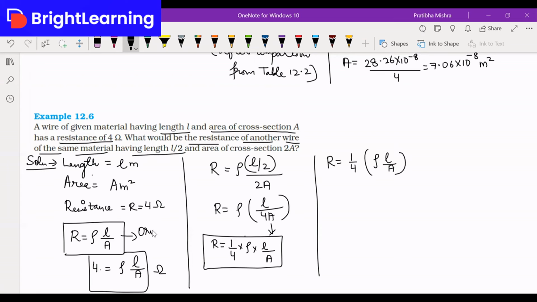Okay, original formula here. So what is happening here? It is becoming 1/4 of it.